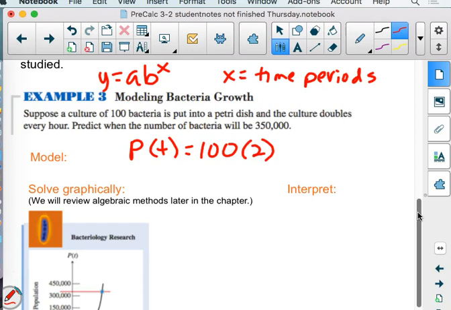And since they said every hour, if we're using T up here, we want to quickly come over here to the side and say, you know what, T stands for hours, so that we know what unit we're supposed to use as we talk about this problem. So there's our model, and it says predict when the number of bacteria will be 350,000.